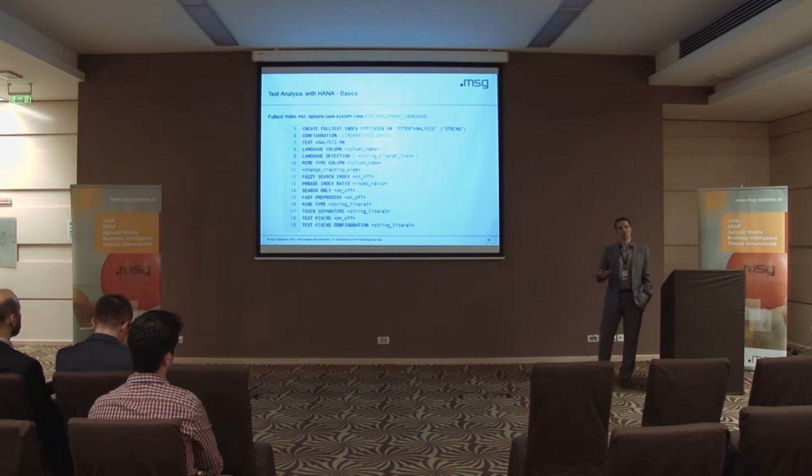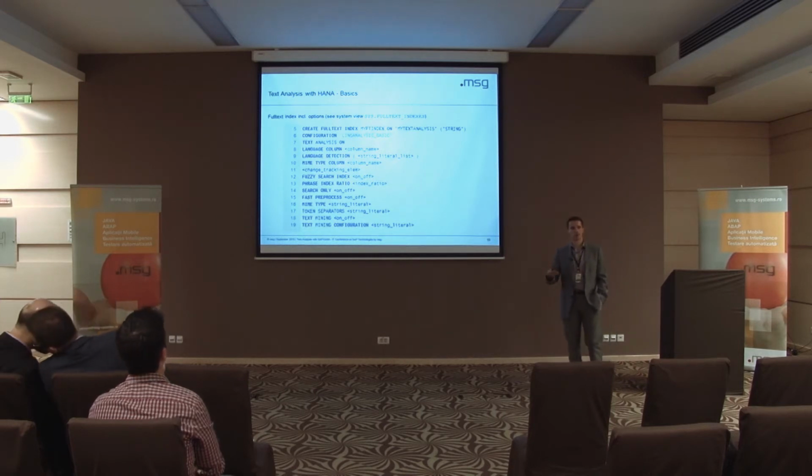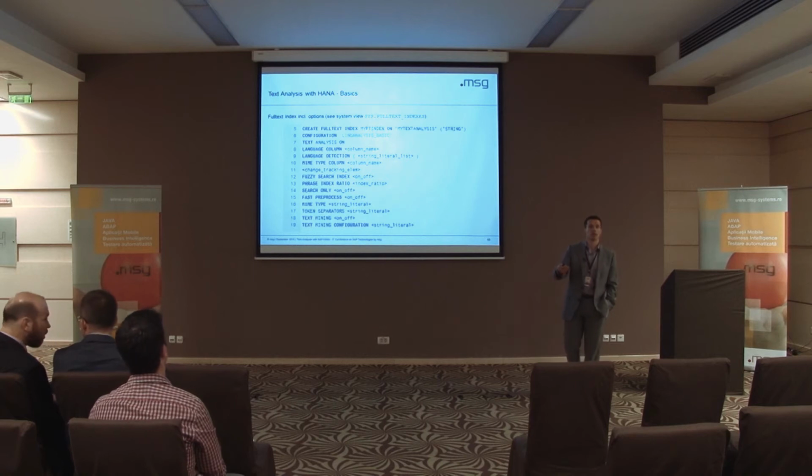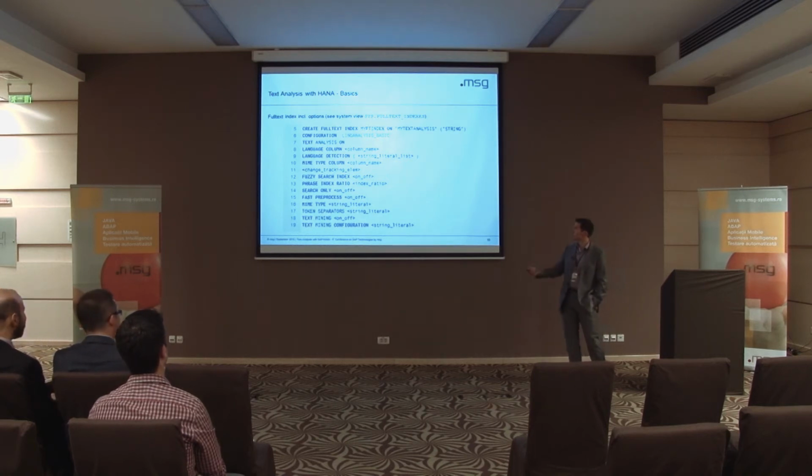And then what you do next, when you have the text within the database, you create a full text index on that table, on the column to be more precise. And this is a screenshot of all the options that you have in order to create this full text index and in order to get out the data of your unstructured data. So I will not go into each and every detail.